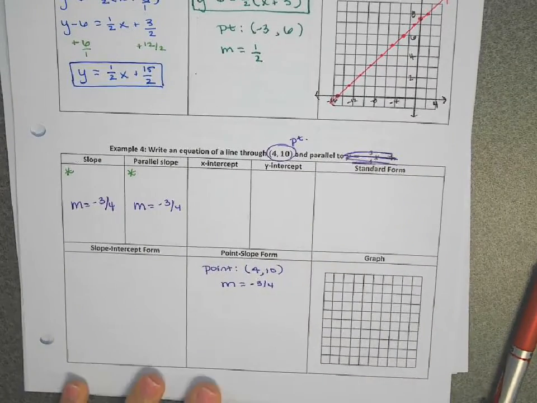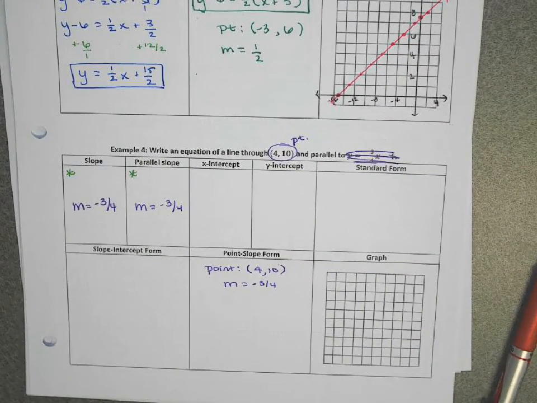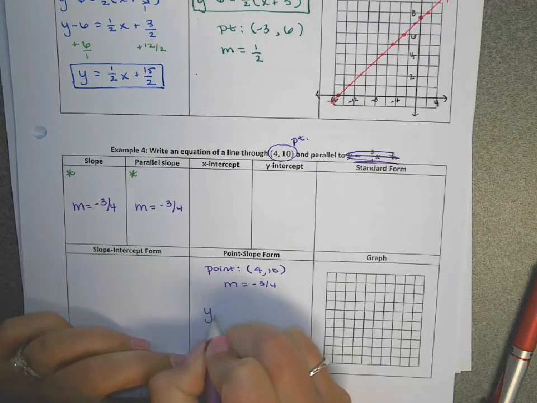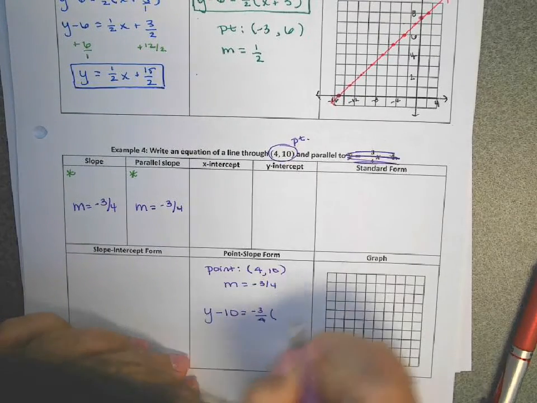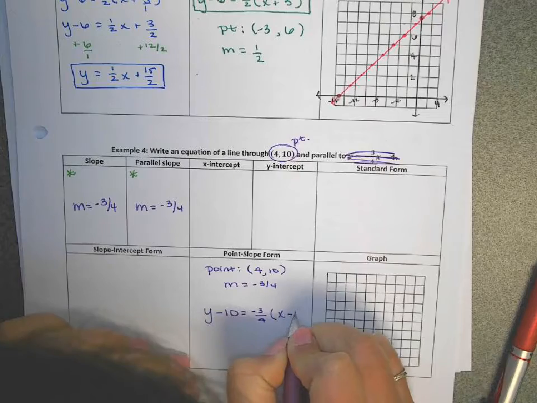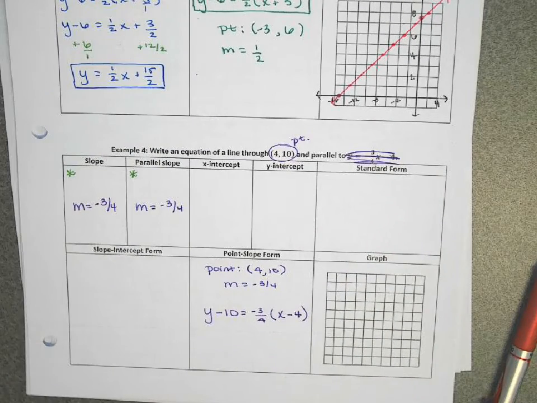So we'll write that form first, and then we'll find the other forms. So this one's going to be y minus 10 equals -3/4 times x minus 4. So far, so good.